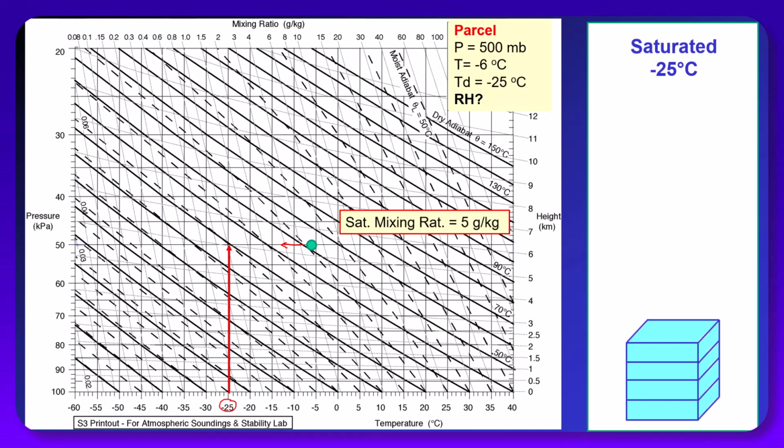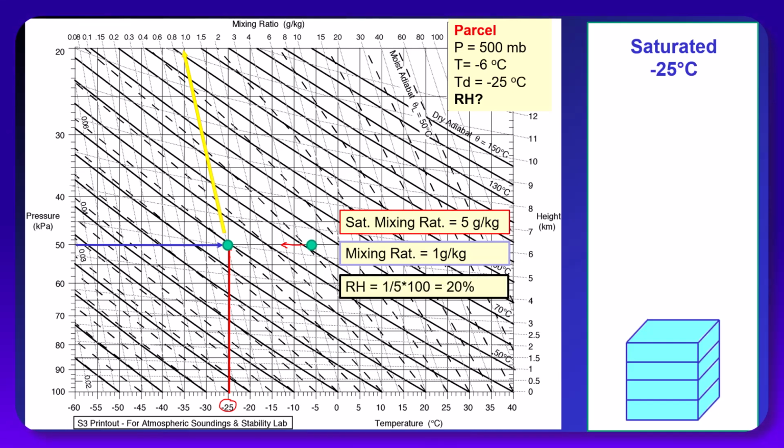So negative 25, still 500 millibars, that's our parcel, and the mixing ratio is 1 gram per kilogram. So now we have the mixing ratio and the saturation mixing ratio. We can calculate relative humidity, which is 1 over 5 times 100, that is 20%.